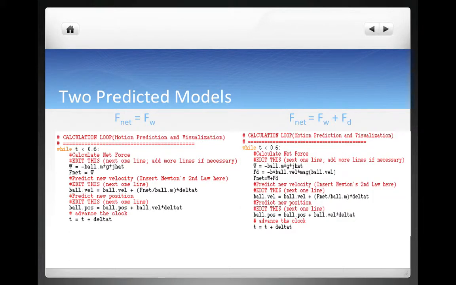For the second prediction, the only difference is that we added in a drag force, which is equal to the negative b, which I just told you how to calculate earlier, times the magnitude of the ball velocity squared. And the F net here is equal to the weight force plus the drag force.